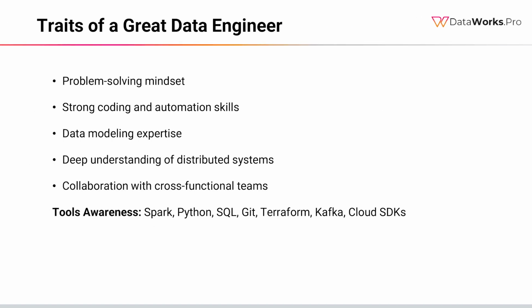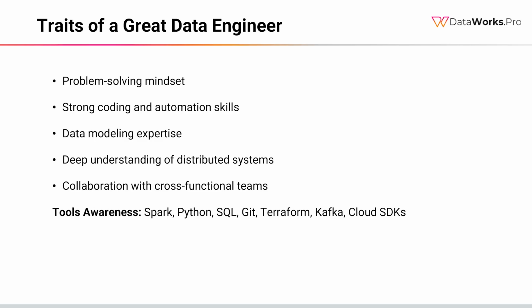Let's try to understand the essential qualities of a great data engineer. If you want to become a strong data engineer, these qualities are pretty important. Number one, problem solving mindset. You have to always think how to fix or improve. And number two, strong coding.